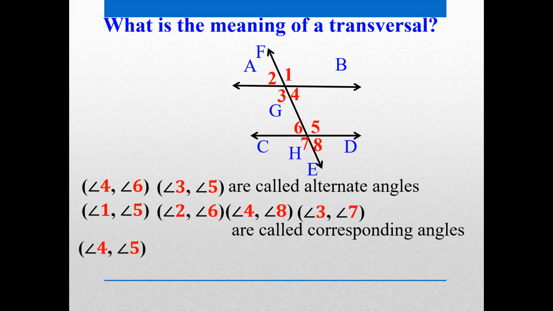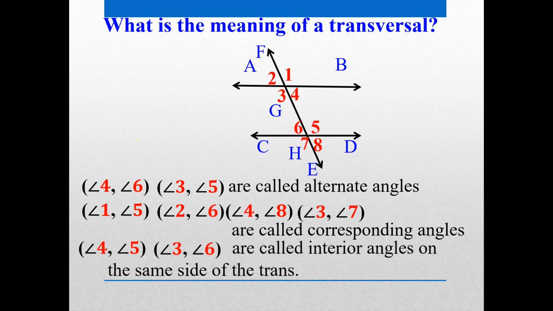And angle 4 and angle 5, and angle 3 and angle 6, are called interior angles. The sum of each two interior angles is 180 degrees.